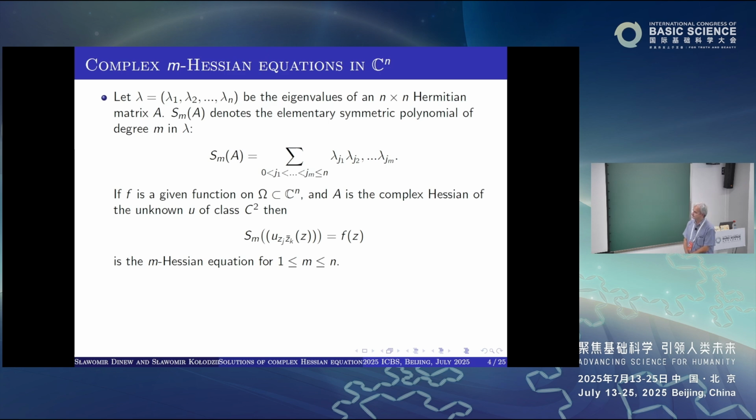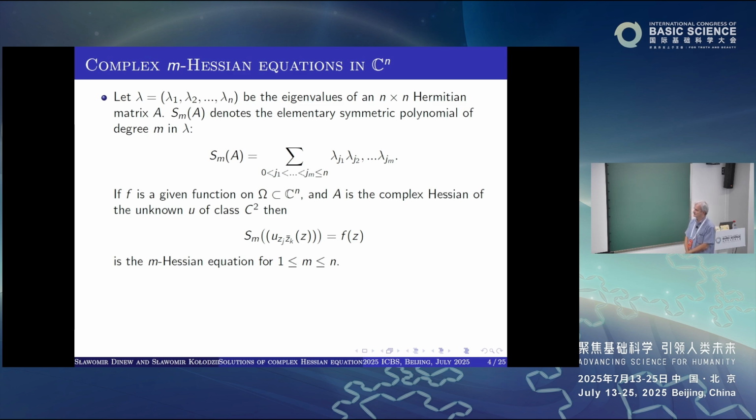So now we take a Hermitian n by n matrix, and we consider the eigenvalues. By abuse of notation, we again denote by S_m, but this time of the matrix, the symmetric polynomial of eigenvalues of this matrix.